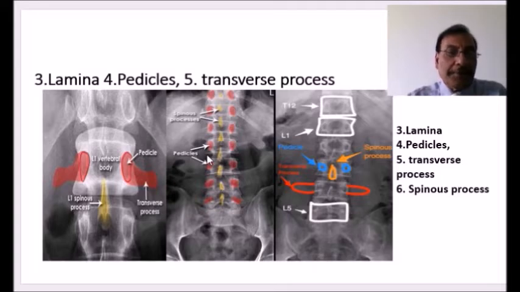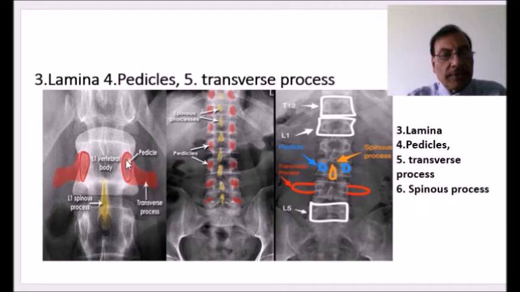And how to see the lamina. Once you recognize the pedicle, the next step is to recognize the spinous process. The spinous process is seen by looking at the midpoint of the vertebral bodies, and it looks like an arrow. So this has been marked, colored. So these are the spinous processes.